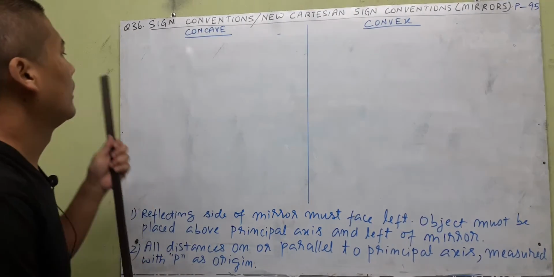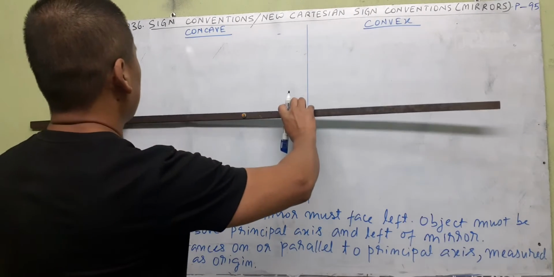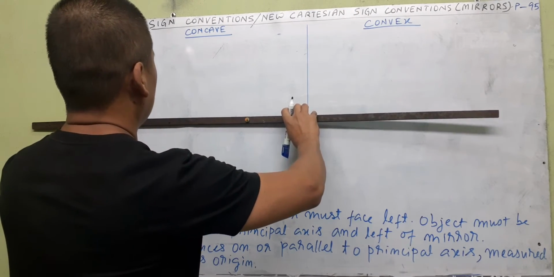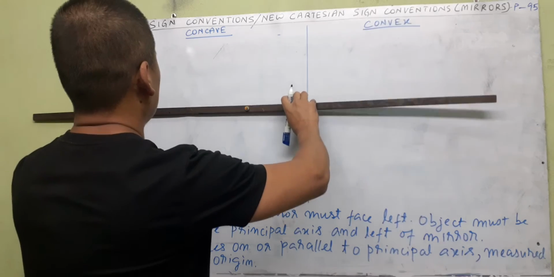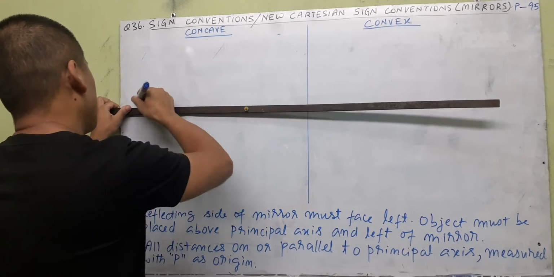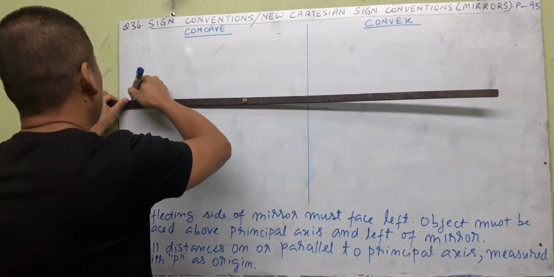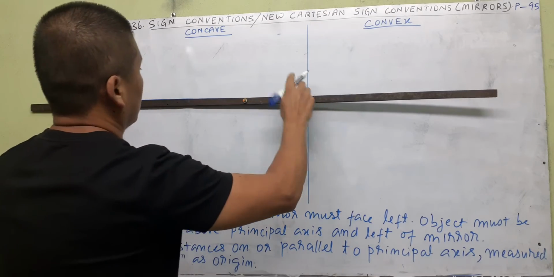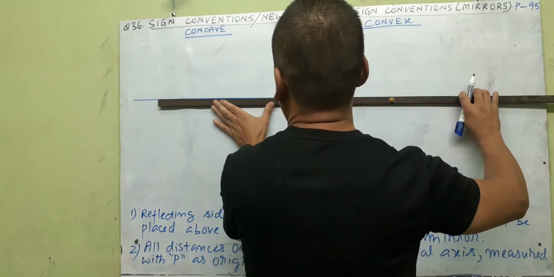Especially reflection. On the left side, let us draw a representative concave mirror line, and then on the right also draw the line.